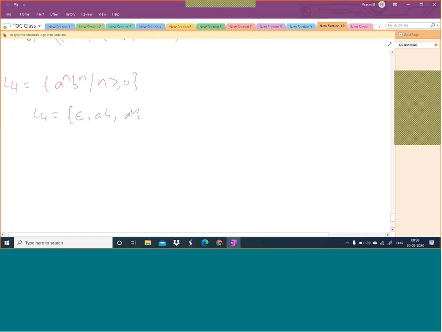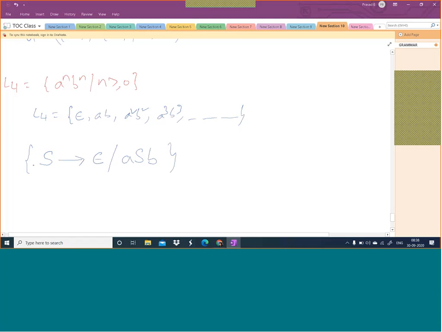So here a's and b's are equal. Go for the small string every time. There is epsilon, so S derives aSb and S derives epsilon. That's it. This is the grammar.